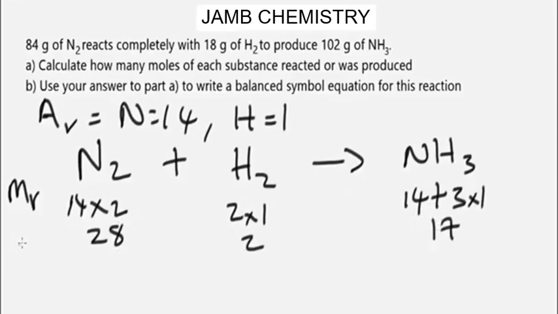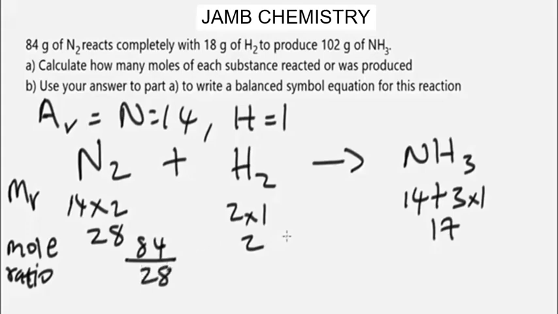Okay, now for the mole ratio, all right, this is T. What we're going to do now will be to divide the mass of each element and compound by the relative formula mass. So for the nitrogen gas here, the mass is 84 divided by 28.